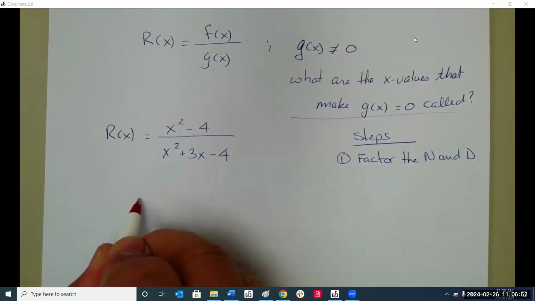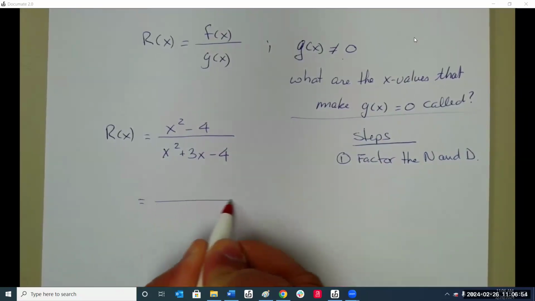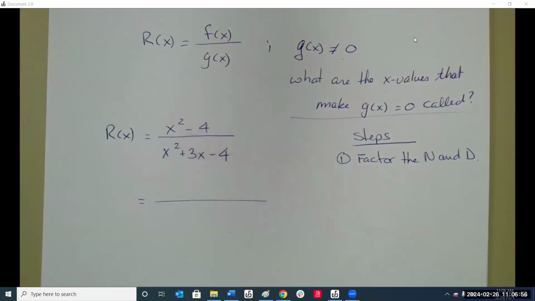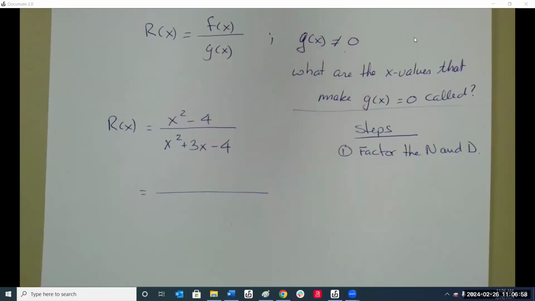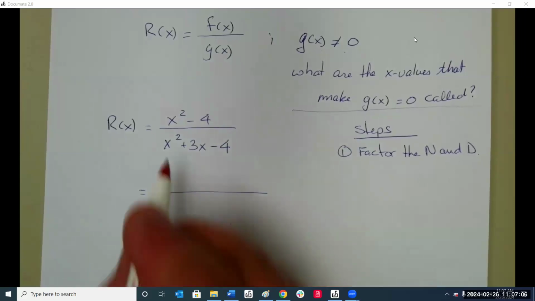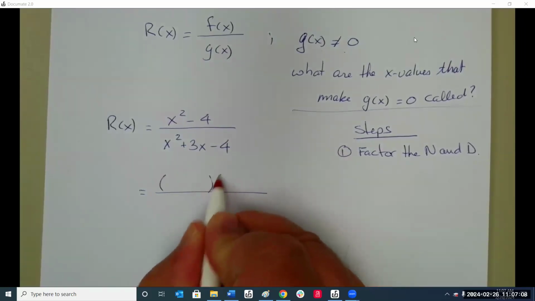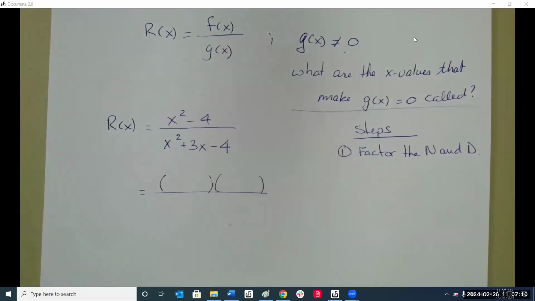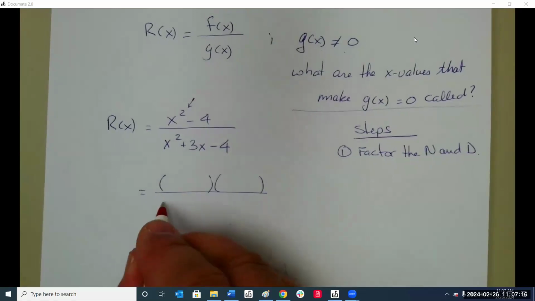So if we were to factor these, what would the top one factor out into? We know we're supposed to have 2 answers. How do we know? Right, because the degree says 2. We have 2 answers. Same with the bottom.